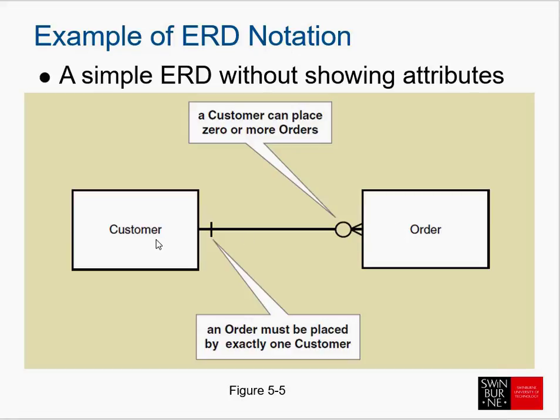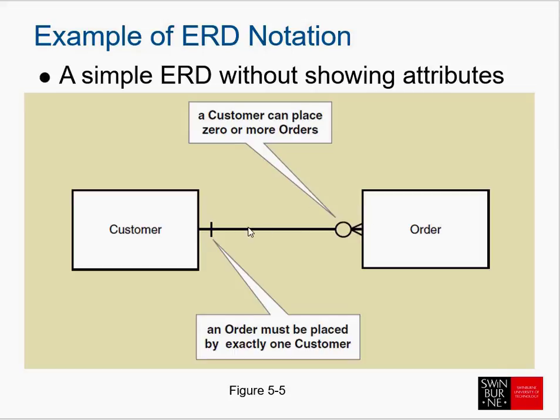So we have the customer entity and we have the order entity. What does it say? One customer may have many orders, or actually we can call it one customer can place zero or many orders, right? Or the other way around, one order must relate to one customer.